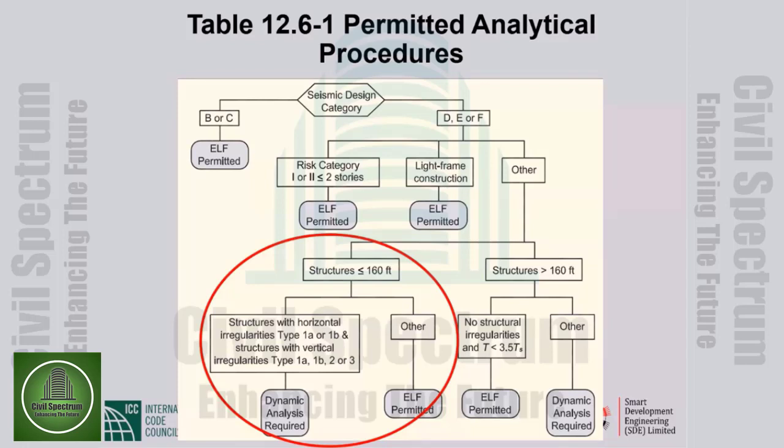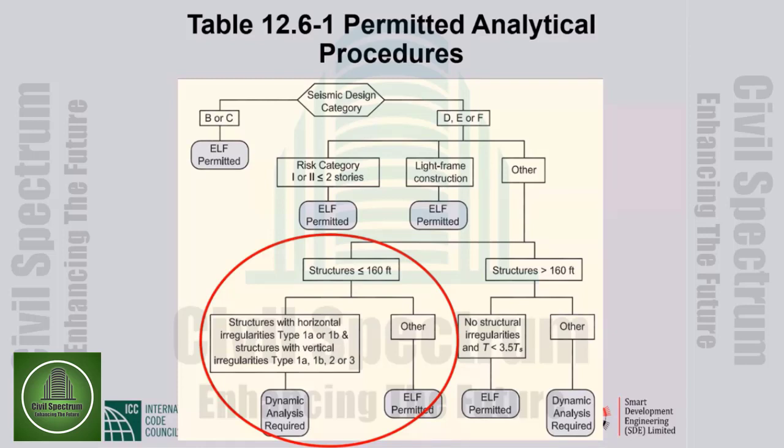So we are talking about a period threshold of 1.75 seconds or so. In BNBC, you will be allowed to use equivalent lateral force procedure if your period is less than 4 times the transition period T sub S, which is T sub C in BNBC, or 2 seconds, whichever is the smaller of the two.